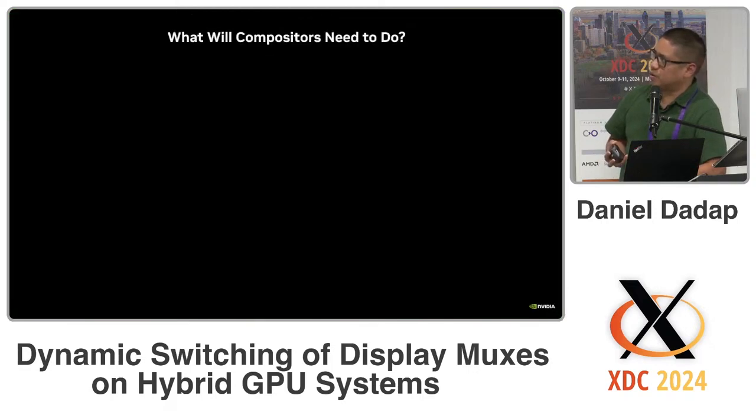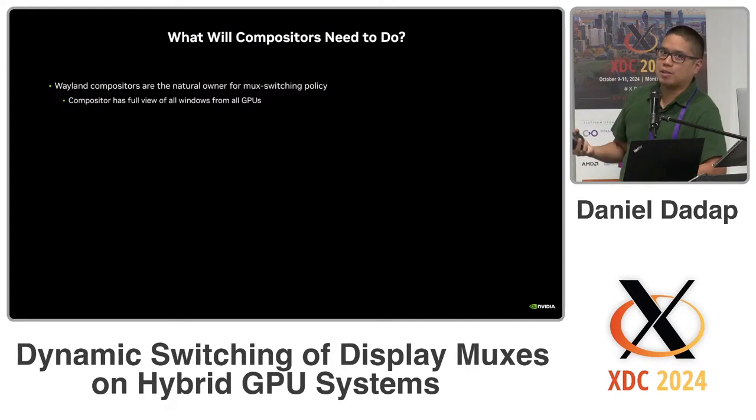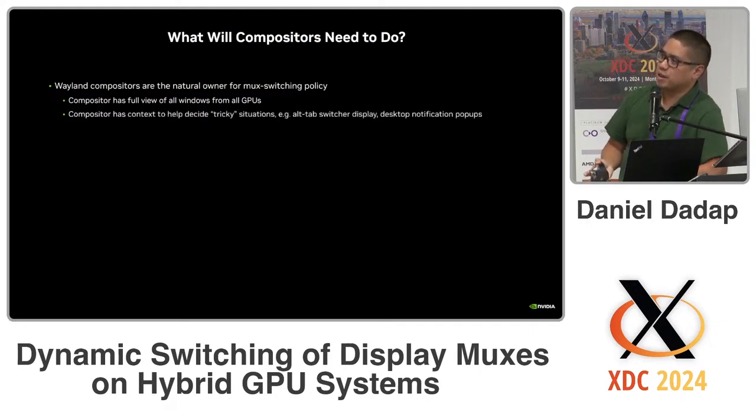And I guess it should be pretty self-evident that the compositor is the natural choice for driving that policy. Again, the compositor knows what all the applications are that are running, and from all the GPUs. And also, importantly, it has extra context that other layers of the stack aren't necessarily going to have, that would help break the tie on tricky situations.